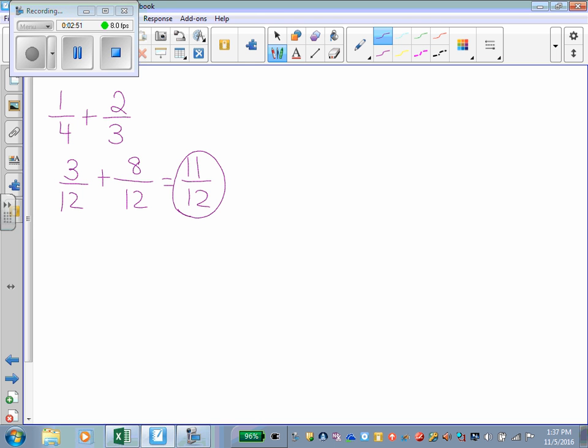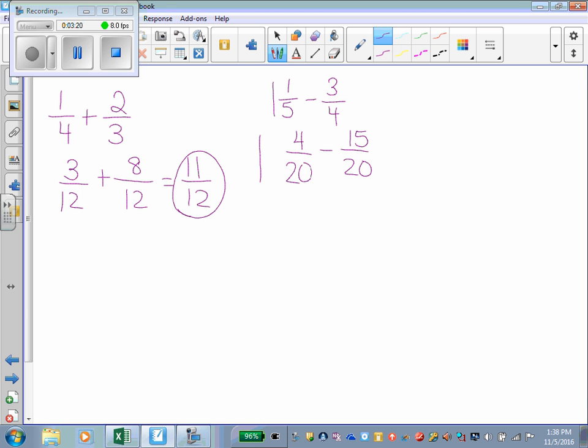When you look at number 2, we have 1 1/5 minus 3/4. All right, we're going to put that 1 out to the side and find our common denominator. In this case, it's 5 times 4, so 5 times 4 is 20. 5 times 3 is 15. 4 times 1 is 4.